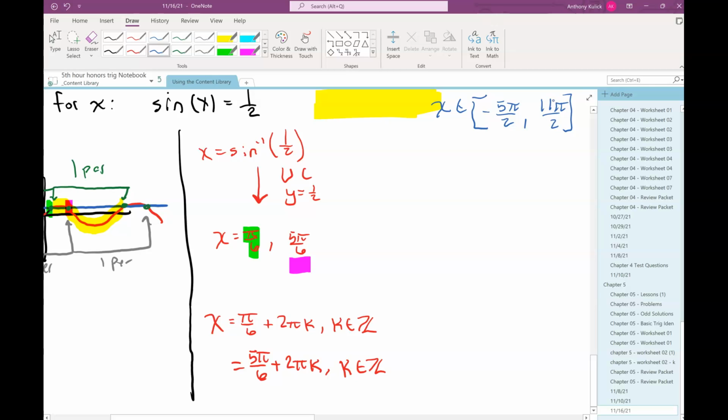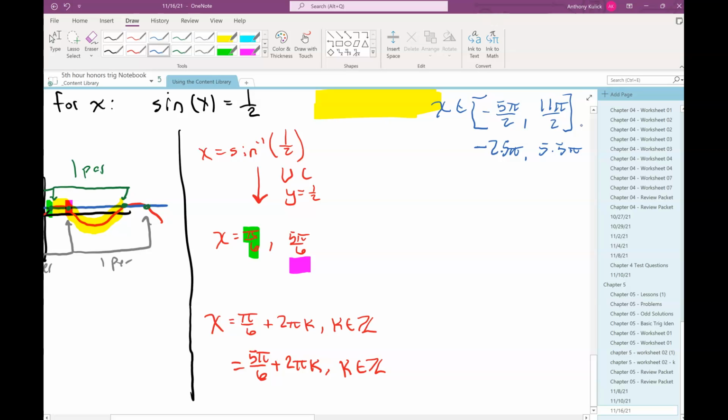Notice that's way more than one trip around the unit circle. That's way more than one period, right? This is basically negative 2.5 pi and 5.5 pi. Sometimes it's easier when you have fractions like that to think about them as decimals.